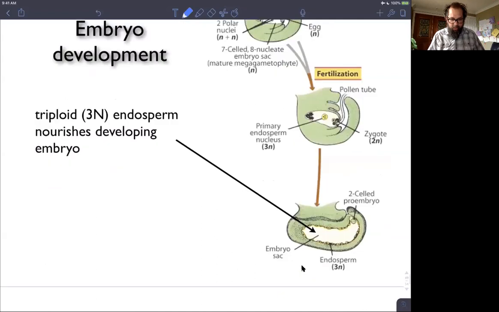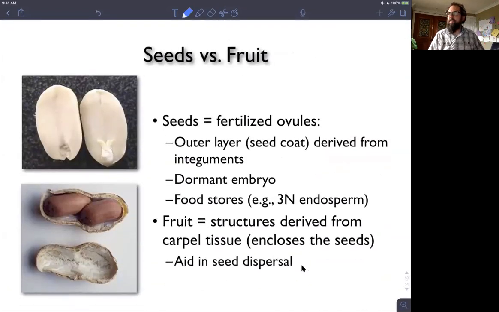And so let's take a quick look at some seeds versus fruits, and we'll look at a few different fruit types. But I think this shows it quite well when you look at a peanut. A peanut actually demonstrates all of this perfectly. There are a few cool things. One is that inside of the peanut, we can see the embryo.